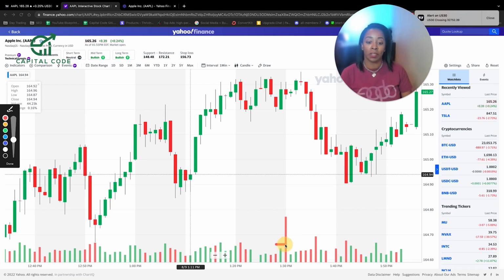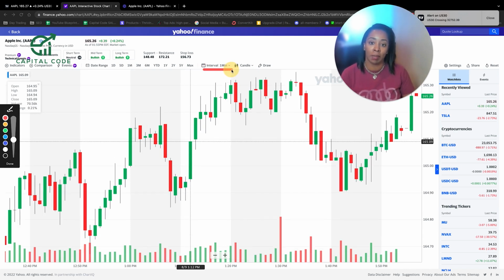And then on this green candle right here, this tells me that at that minute, since we're on the 1 minute interval, there was more buying in this minute than selling. And as you can imagine, the height of the candle means something.